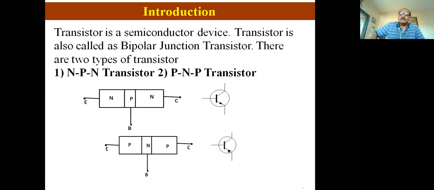Such a semiconductor is called an N-type semiconductor. Therefore, in an N-type semiconductor, the concentration of electrons is large compared to holes. Majority carriers in an N-type semiconductor are electrons, and minority carriers are holes.